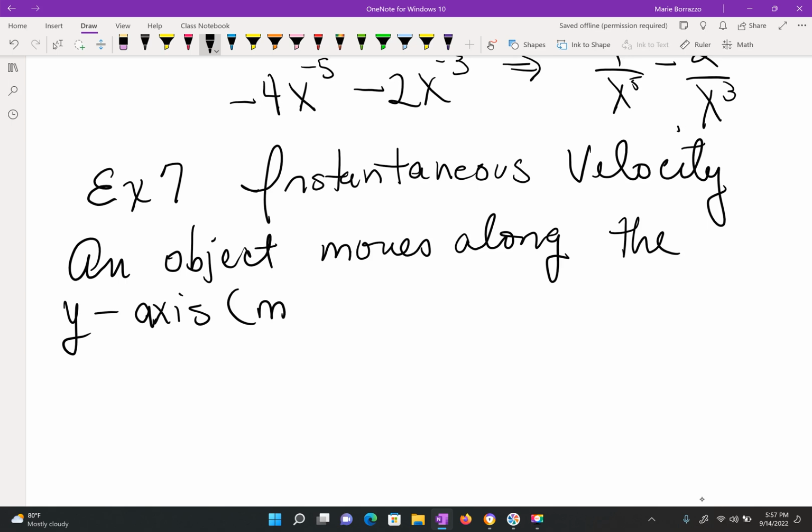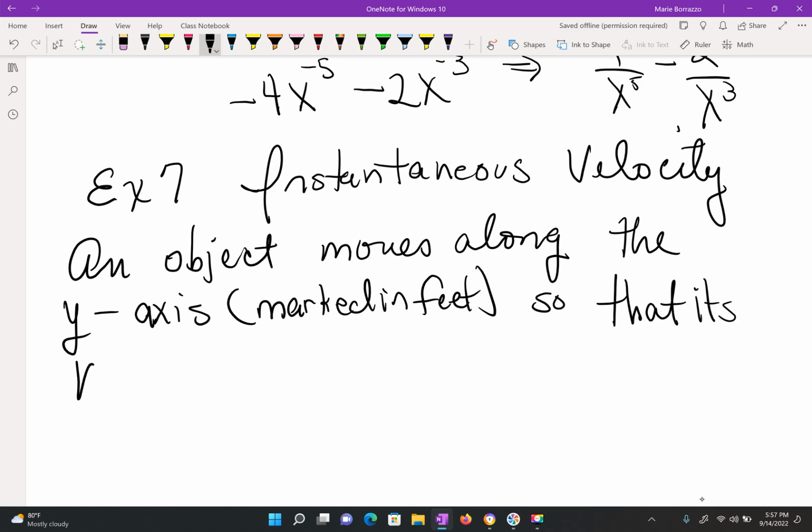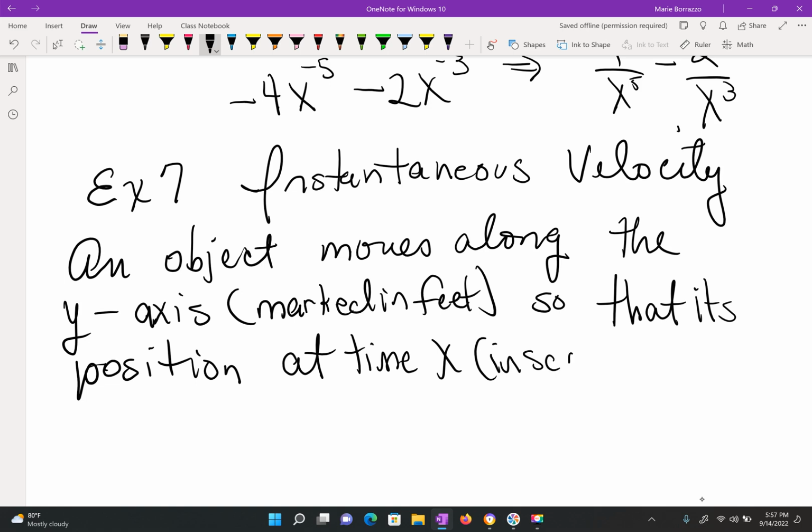In the question, it says it's marked in feet so that its position at time x in seconds is, and they're giving you the equation x cubed.